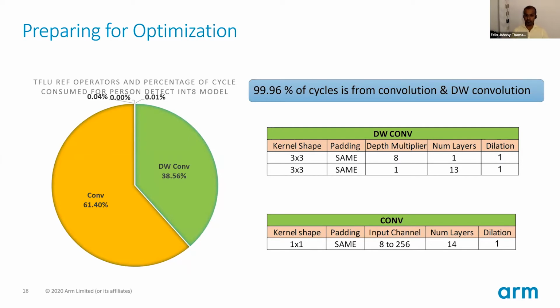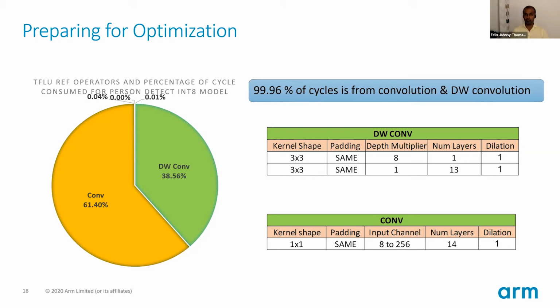And if you dig a bit further into the individual parameters of these 2 operators, conv and depthwise, and sort them out in terms of the kernel shape, the depth multiplier and dilation, you can see, if you start with depthwise convolution, you have 13 layers which have 3 by 3 kernels with the depth multiplier of 1, and you have 1 layer which has a depth multiplier of 8.